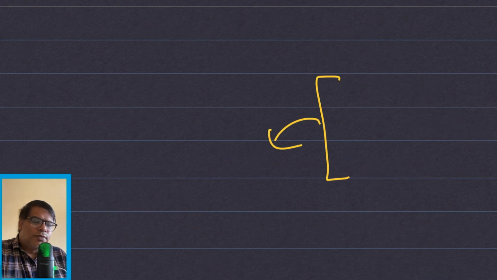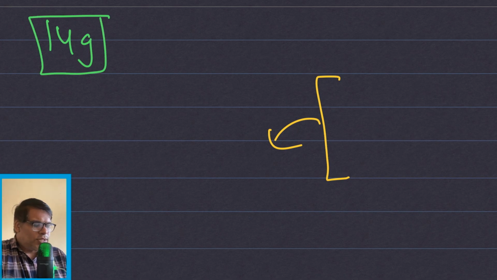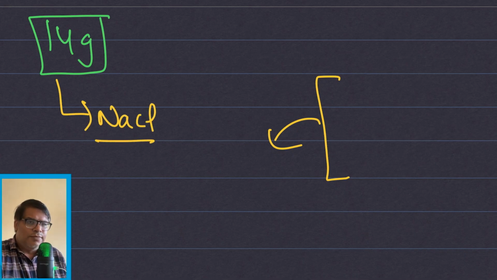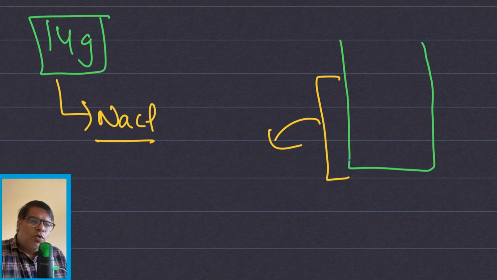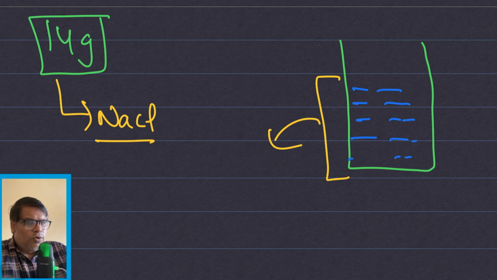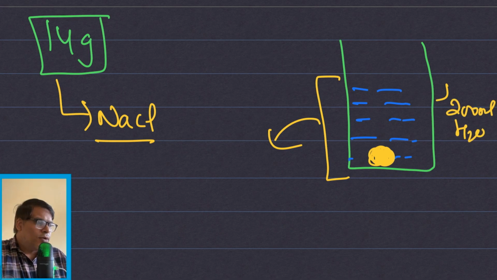Now here, many times students say that you take 200 ml water, and in this you dissolve 14 gram NaCl, and this way you are going to prepare 200 ml of 7% NaCl.